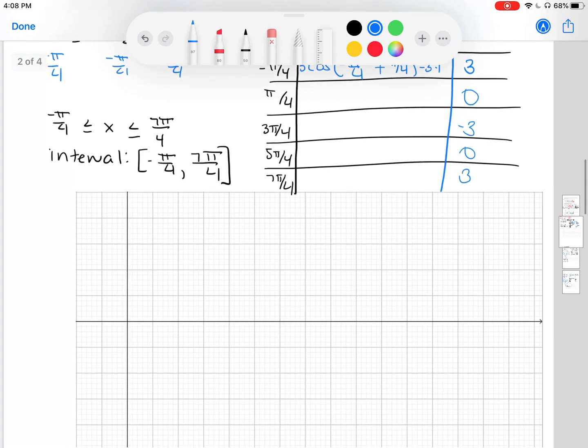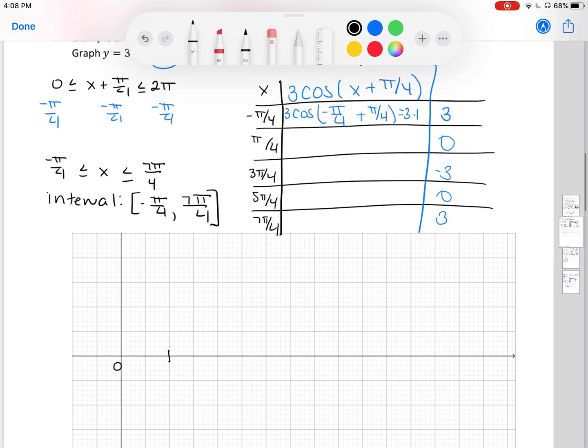Okay, let's go ahead and graph this. We start at negative pi over 4 here. So I have negative pi over 4, 0, pi over 4, 3 pi over 4, 5 pi over 4, and 7 pi over 4.